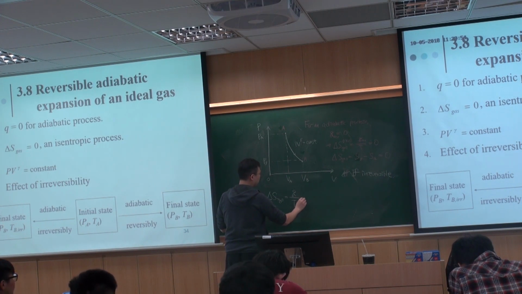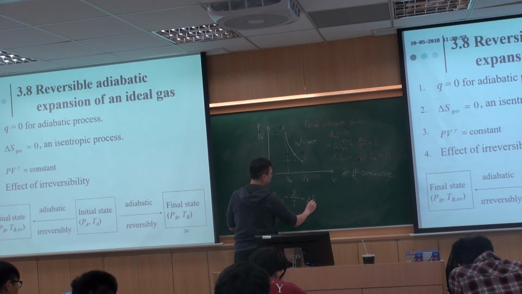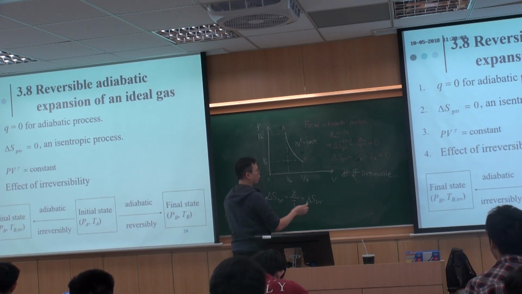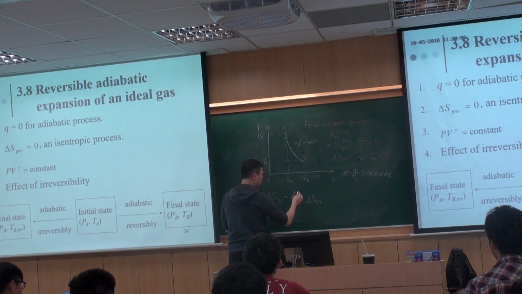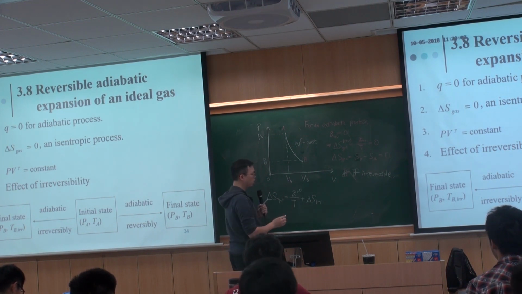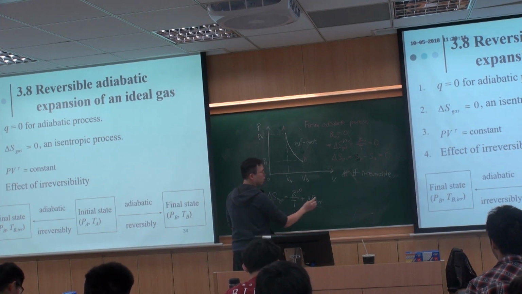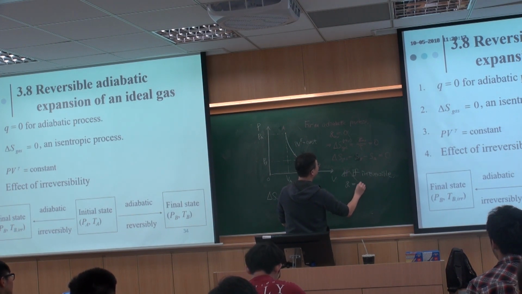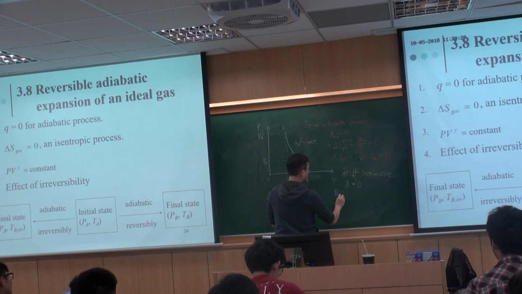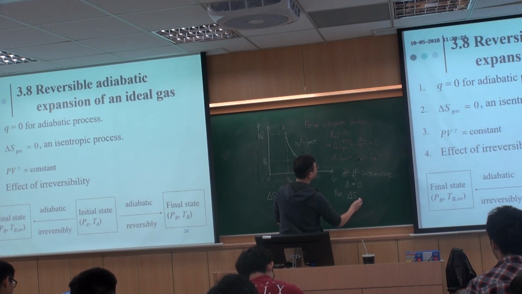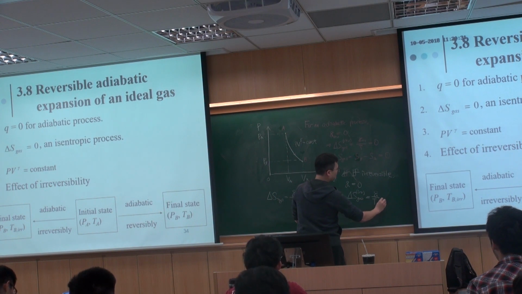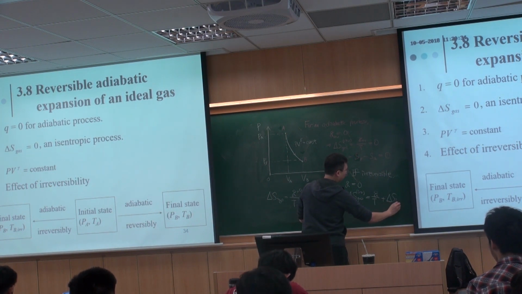Q over T plus this term, right? So if irreversible, we still have this term. Although Q is 0, you still have this thing. Delta S of the gas, for the irreversible case, is Q over T plus the irreversible part.